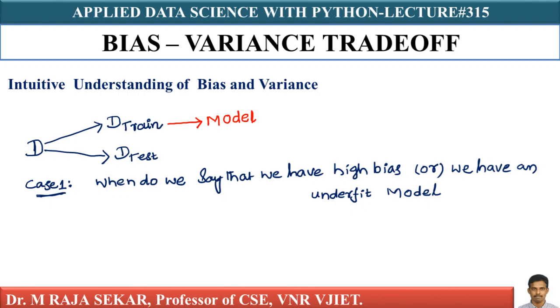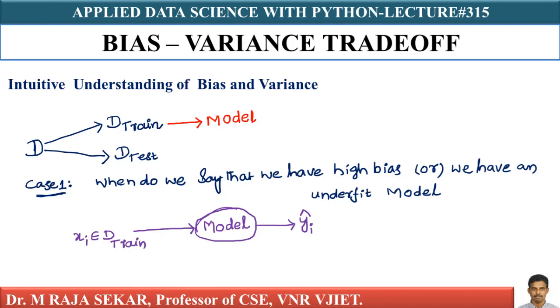I have a model here. Now what I can do with this model is interesting. I can pass every point xi. Dtrain has points xi comma yi.